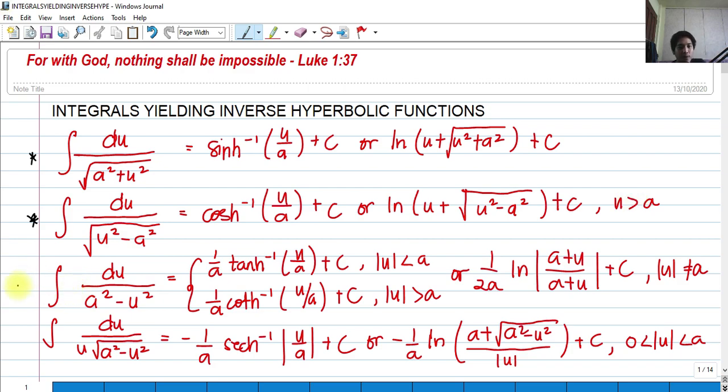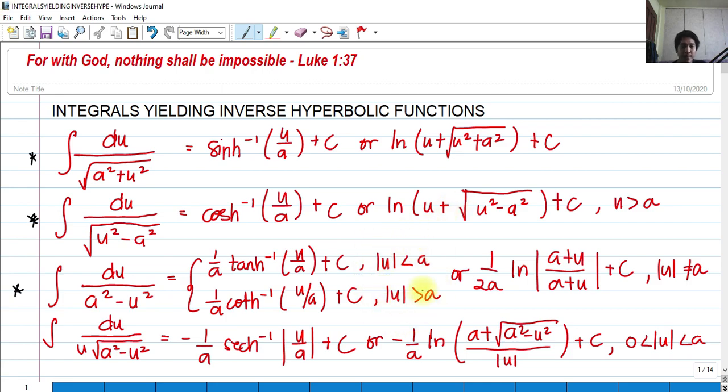Okay? So for the inverse hyperbolic tangent and cotangent, we have du all over a squared minus u squared. So we have to familiarize ourselves at least with the denominator. This could yield two inverse hyperbolic functions, depending on the condition we have set here.